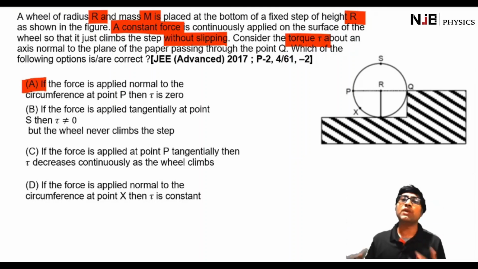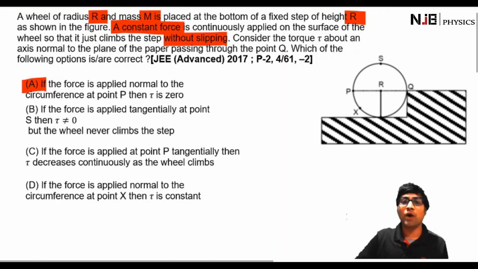Well, different people have given different answers to this particular question on different platforms. Maybe because they're not good at English, their interpretation of this question has been definitely wrong. So particularly, you must focus on this term when they say consider the torque tau about an axis normal to the plane of the paper.